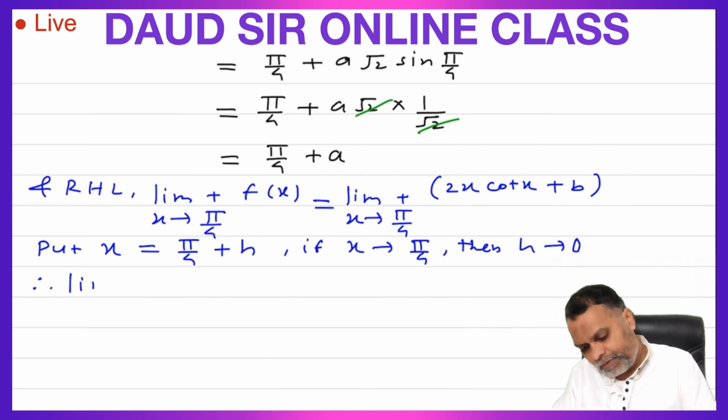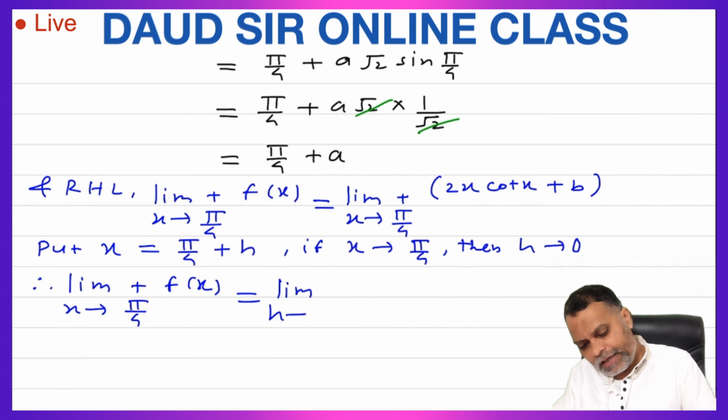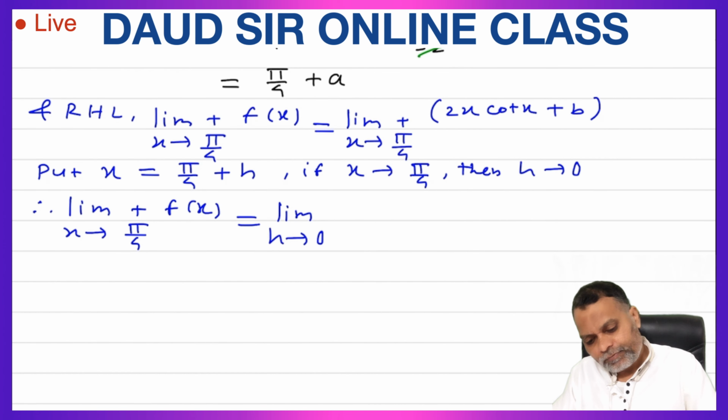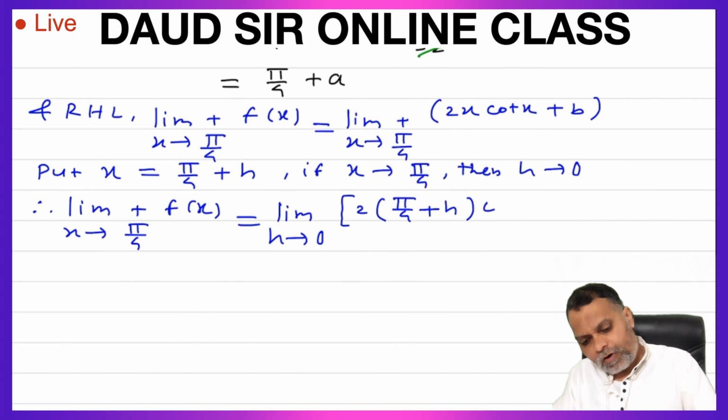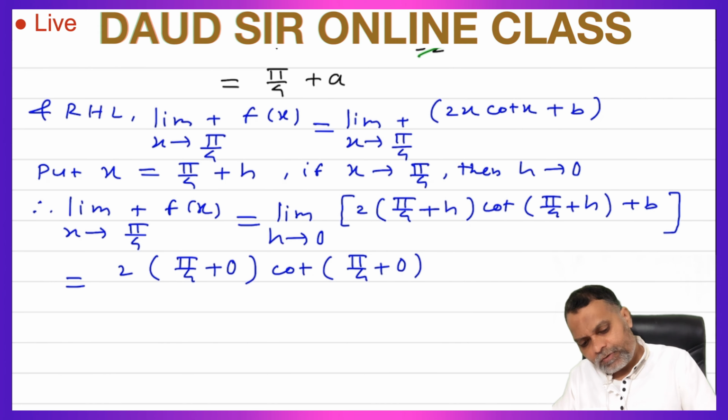Therefore, right hand limit x tends to pi by 4 plus f of x is equal to limit h tends to 0, 2x cot x plus b with x is equal to pi by 4 plus h, which is equal to 2 into pi by 4 plus, put h is equal to 0, cot pi by 4 plus 0 plus b.